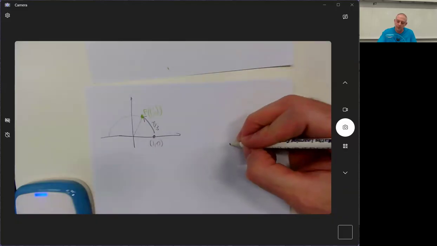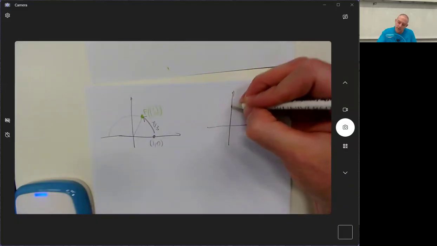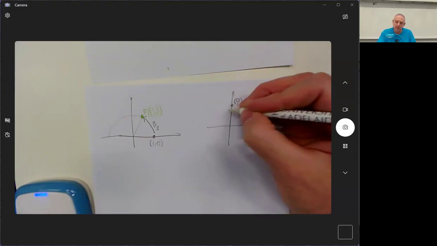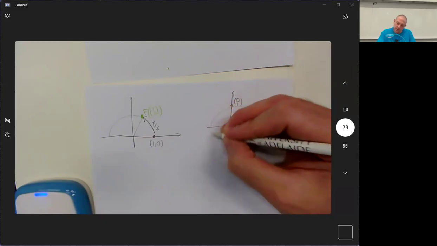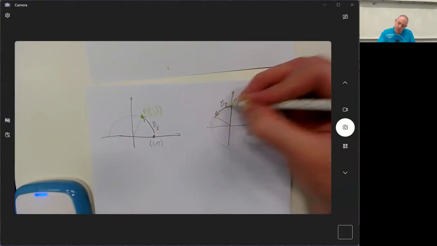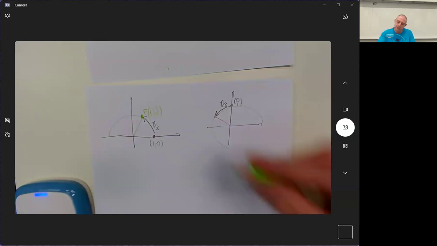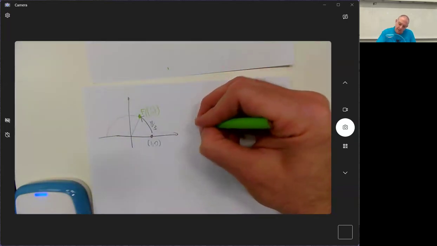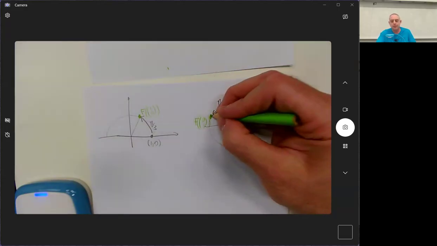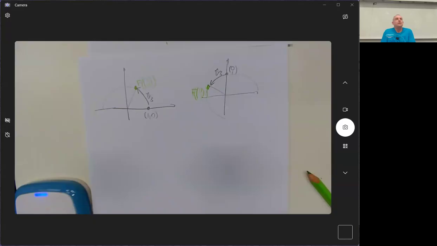And just to be clear, I'll do the other one as well. 0, 1 is here on the y-axis. And then I'm going to rotate pi on 3, which is about here. And that is f of 0, 1. Okay. So if I can find the coordinates at that point, that will be the column I'm looking for.